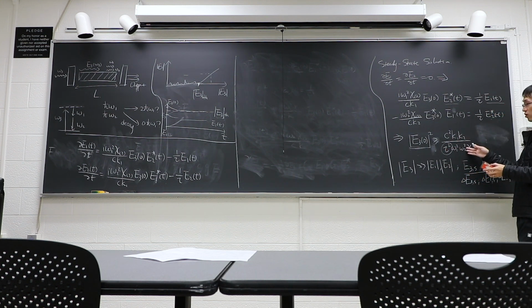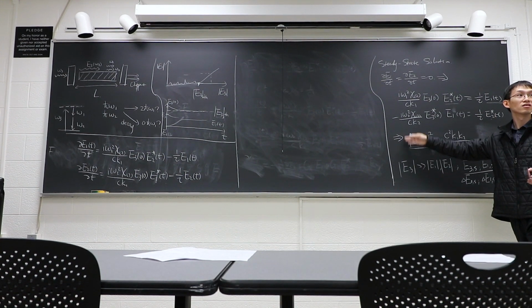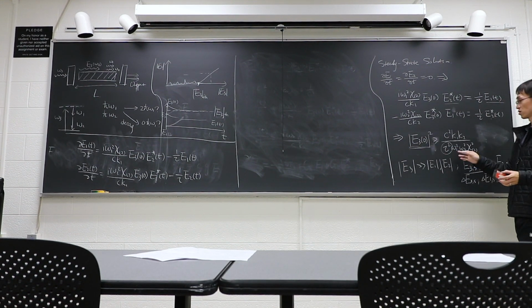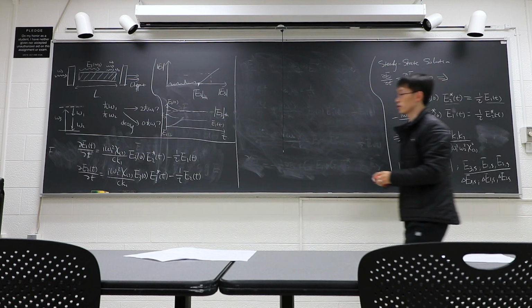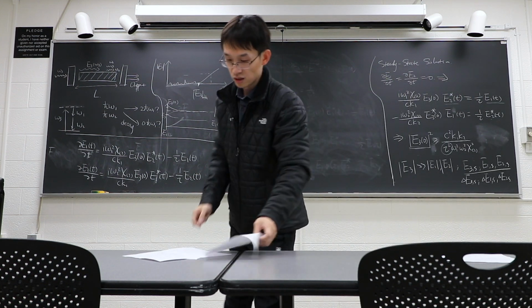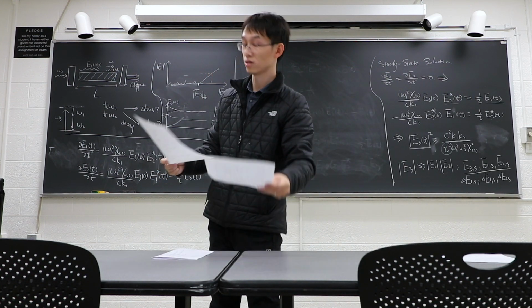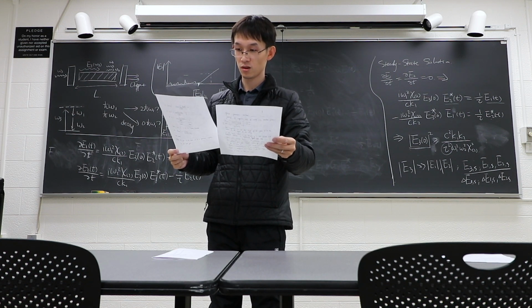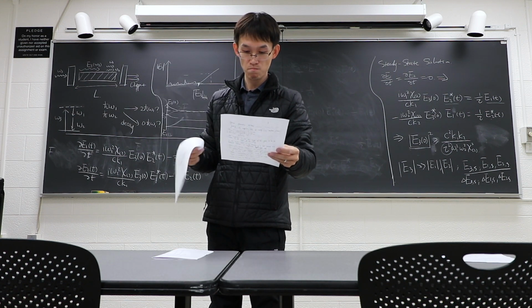So if you move all the coefficients to this side, that's your parametric gain, and this is your loss. So you can get the same thing here, but now let's go into the formal one.